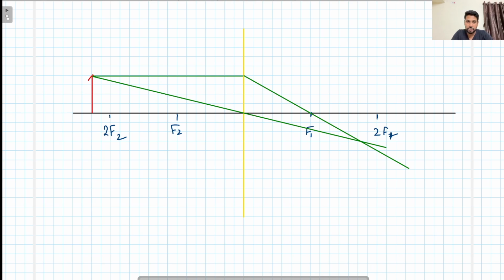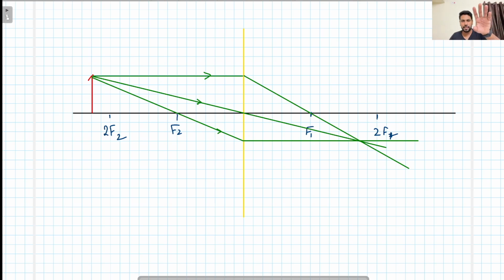My second line is also ready. Third one, a ray that is going through the focus, after refraction goes parallel. Now you clearly see here, I have my 3 rays: ray number 1, ray number 2, and ray number 3.